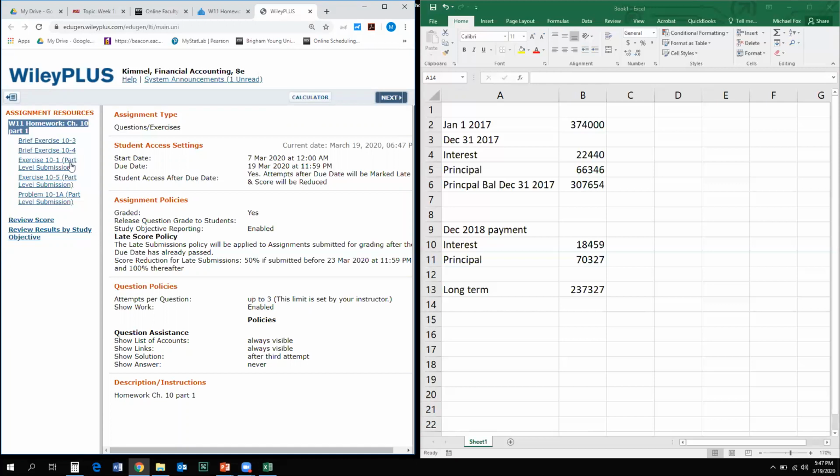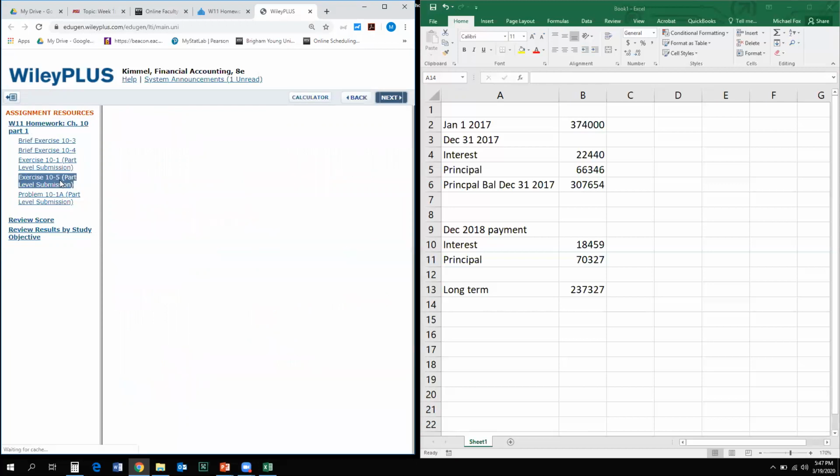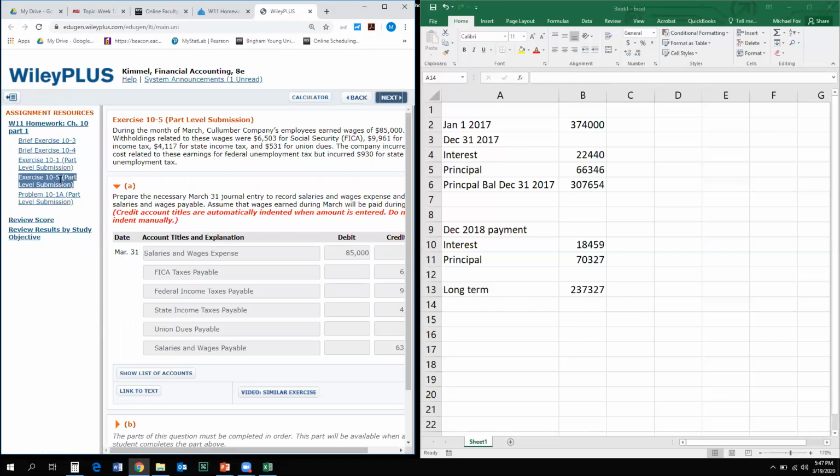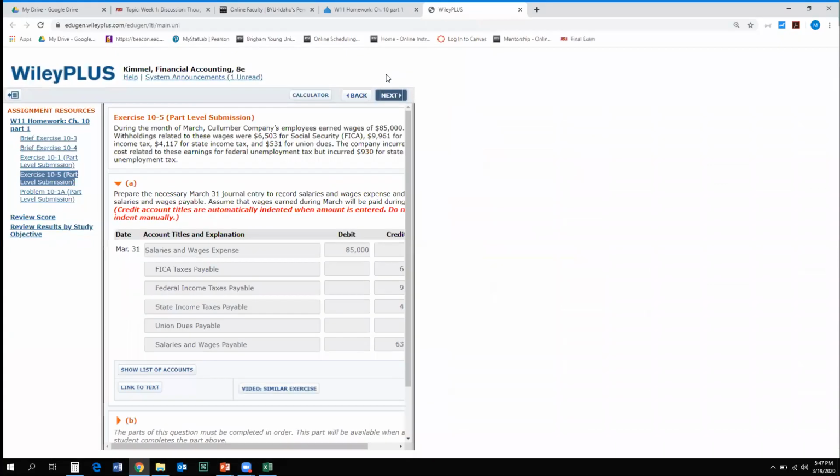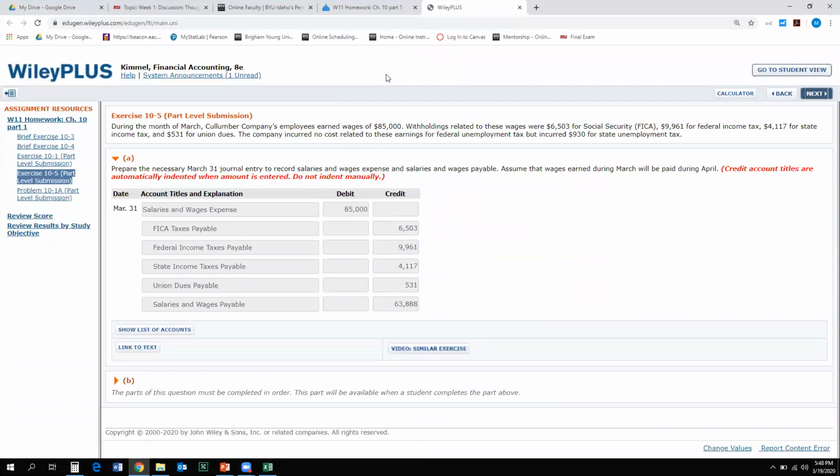So on 10-5, I've got all the numbers right. I've got most all of it right, except for, oh, now I'm looking at 10-1A. Hold on, I gotta go back. So 10-5 is the payroll, the salary and wages expense.